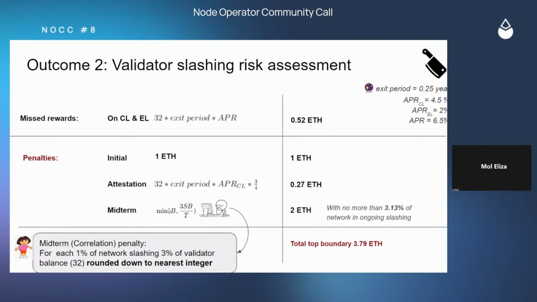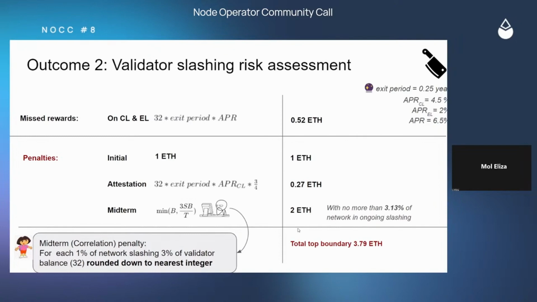The idea here is that, as a correlation penalty, you can get as high as possible in terms of the validator rewards, but by building an additional assumption on the amount of the network that is being slashed at this moment, we could limit this risk. For example, if no more than 3.13% of the network is in ongoing slashing, the correlation penalty wouldn't exceed 2 ETH because of this math multiplied by 3.